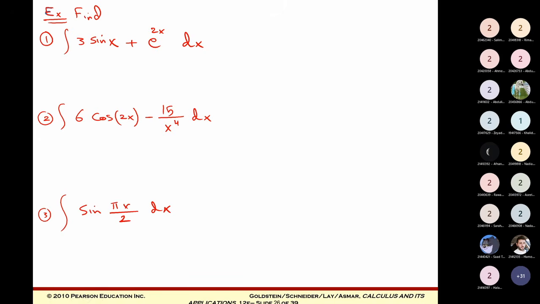Now, the integral of the first: 3 times the integration of sine equals negative cosine x, plus the integral of e to the power 2x, this is the same, over 2, plus c. The second is the integral of 6 cosine 2x minus 15x to the power negative 4.